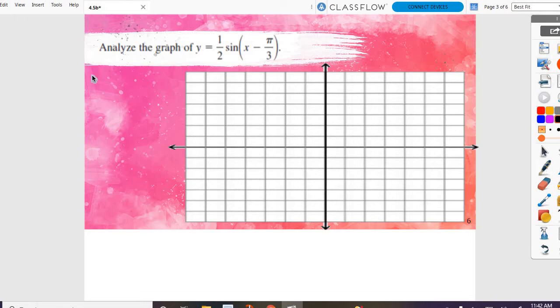So what is our amplitude going to be? 1. What is the period going to be? 2 pi divided by 1, so we just get 2 pi.